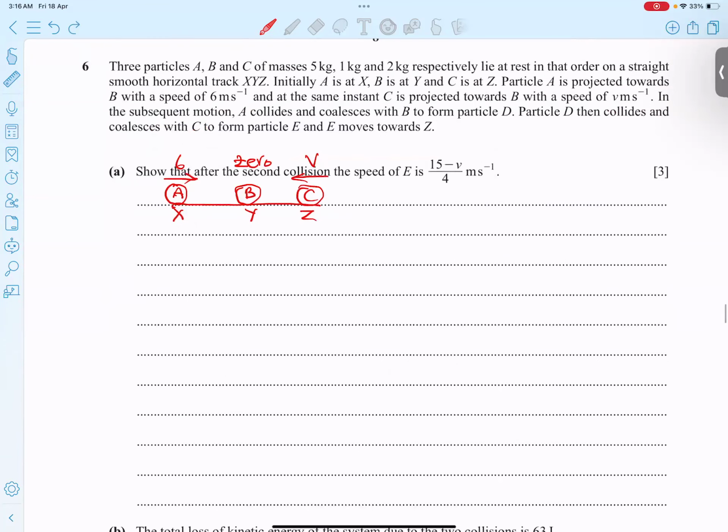First of all, I will talk about A and B before collision and after collision. This is A particle and this is B particle.